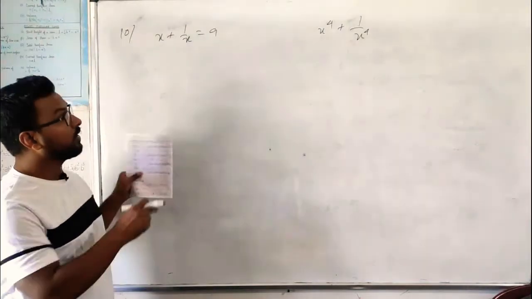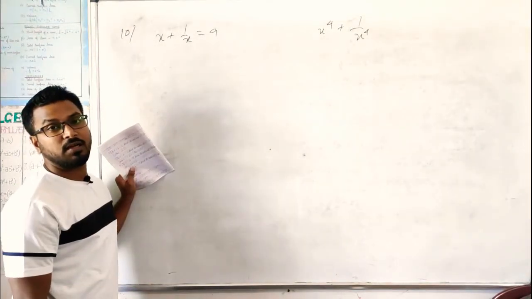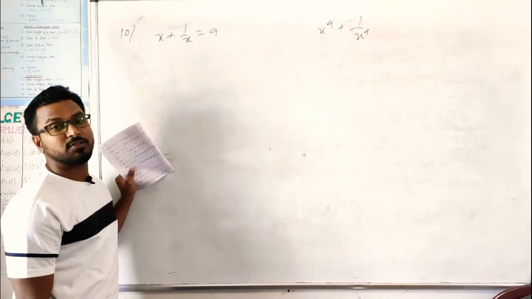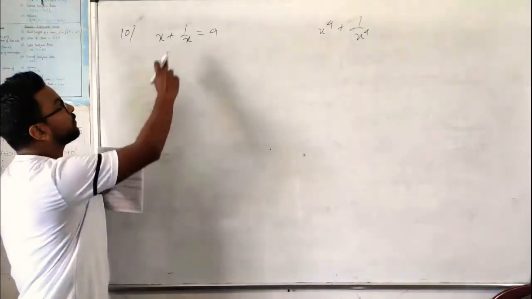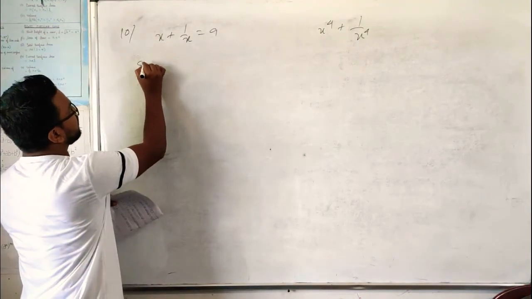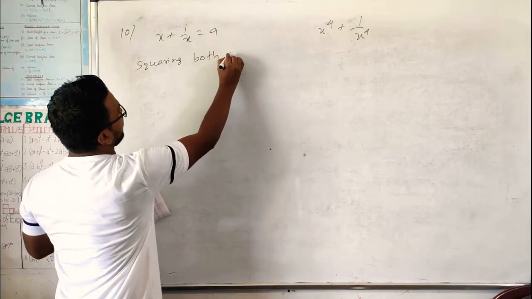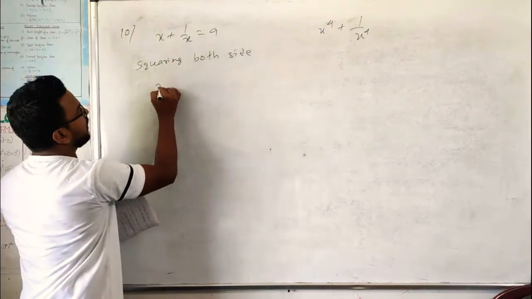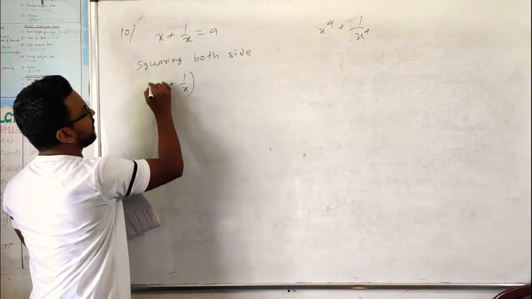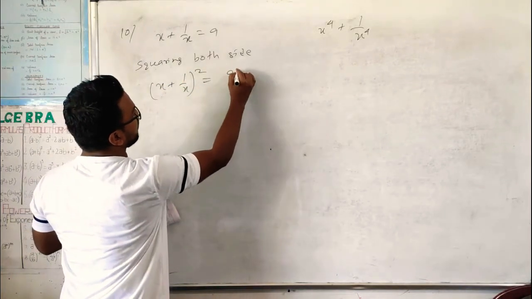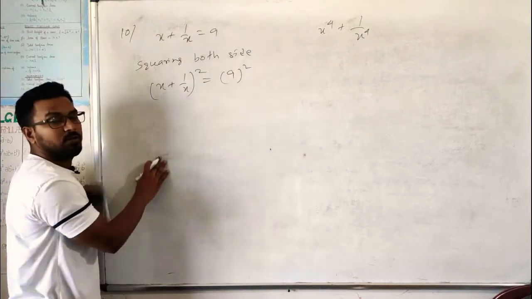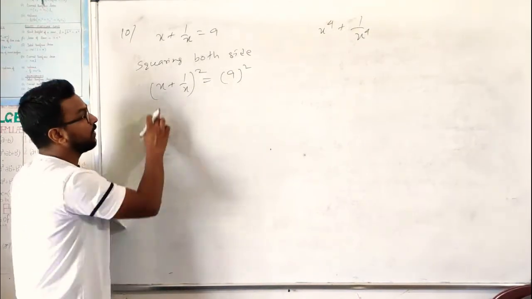Okay, so before finding that one, we have to find the value of x square plus 1 by x square. So first we'll square both sides. Squaring both sides, what will we get? x plus 1 by x whole square, and this one will get 9 square. So we'll apply the a plus b whole square formula.